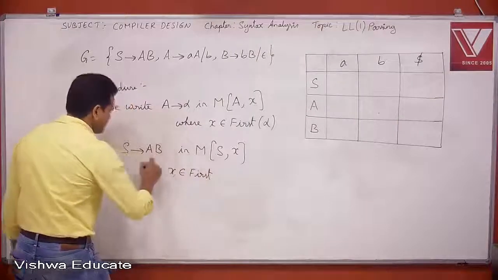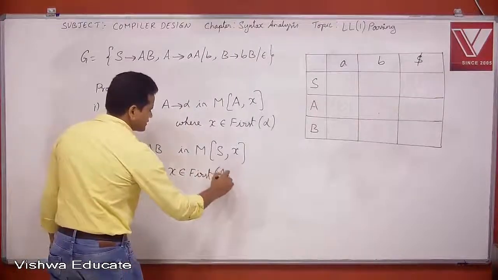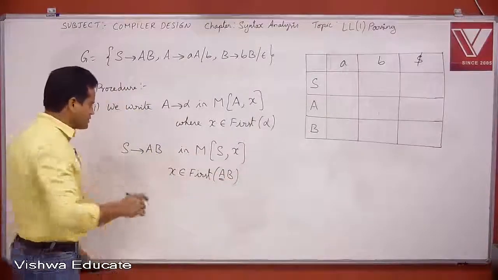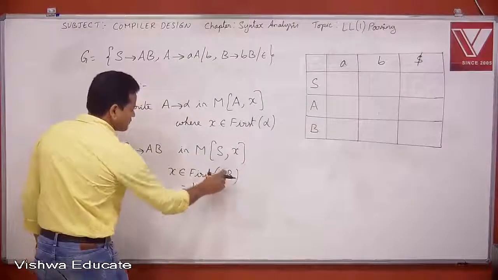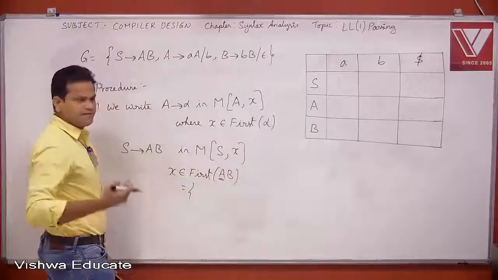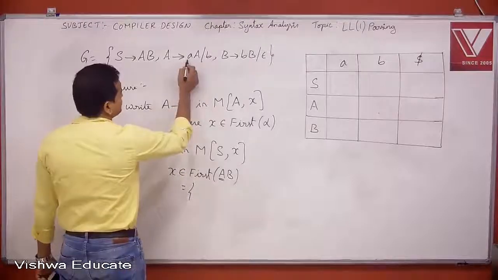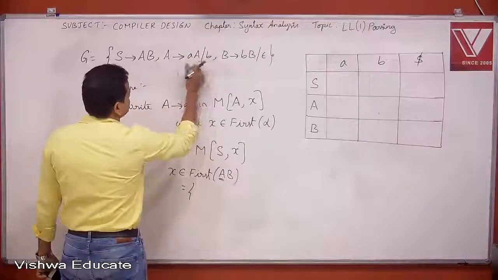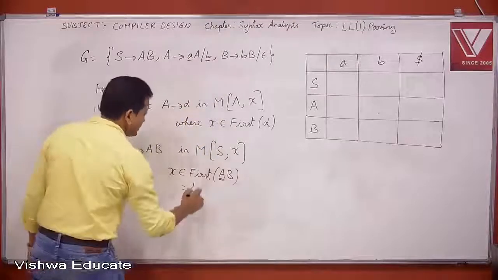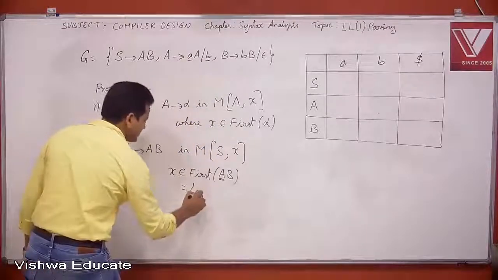What is alpha here? AB. First of AB is first of A. To get the first of A, we must take every production of A. A has two productions. What is first here? A. What is first here? B. So first of A is A comma B.